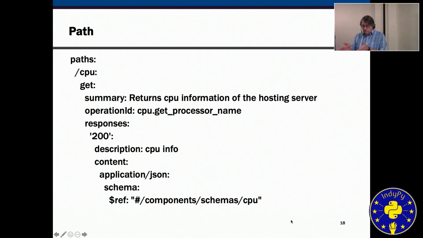So I have implicitly included now a namespace in the specification, and now it's up to the developer to implement that getProcessorName function. Naturally, if you use a Java program, you do this in Java. If you do this in Python, you do this in Python.